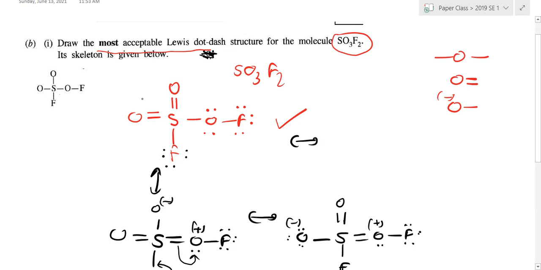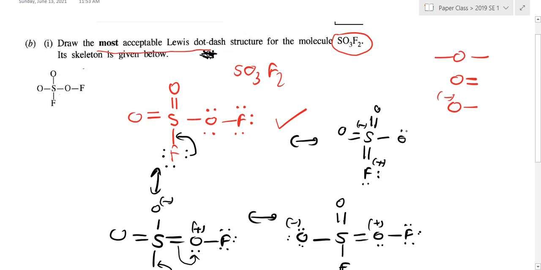I'm drawing some resonance also. Donate this only to here. What will happen? Sulfur double bond O is there. This double bond comes. Two lone pairs, because one lone pair is donated. Therefore, to denote that donation, this should be plus and this should be minus.